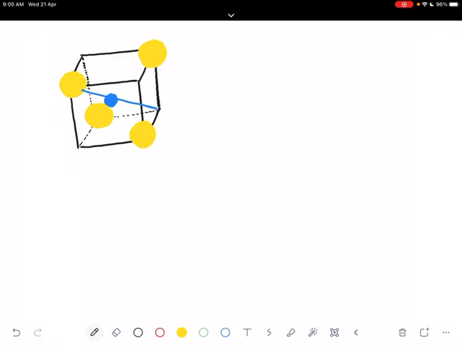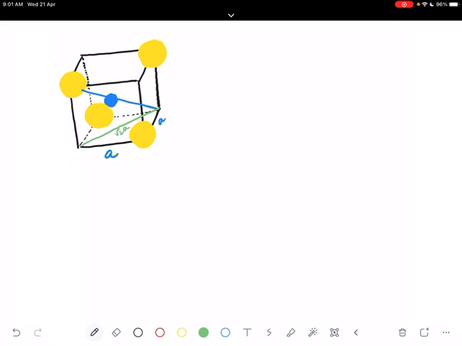What is the length of this blue line? If edge length is A, this side is also A. That means this green line is root 2A.